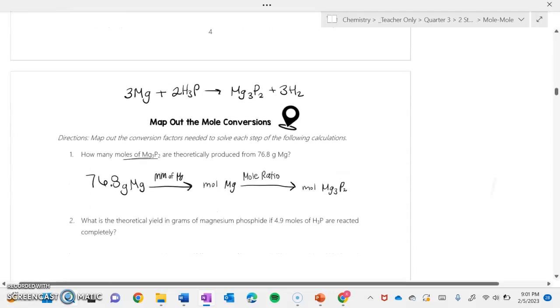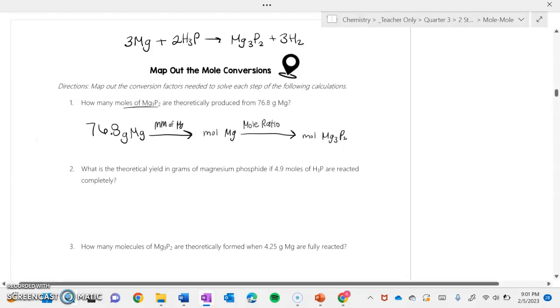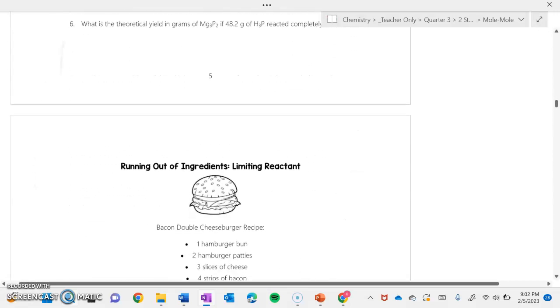So if you would like to solve these for extra points and you have extra time, go for it. Here's your balanced equation to help you with those mole ratios, because you'll have to have that. Otherwise, you won't have coefficients to make a mole ratio. So there's 6 problems there.